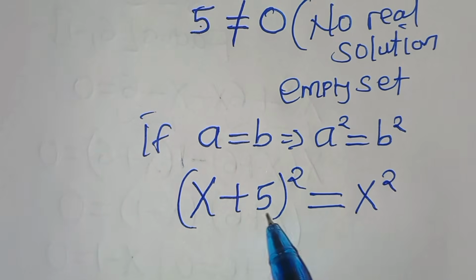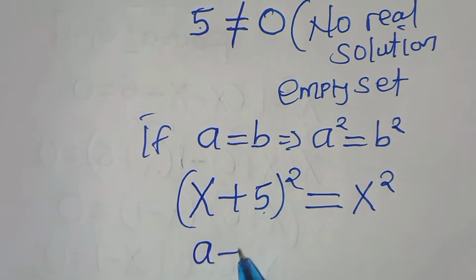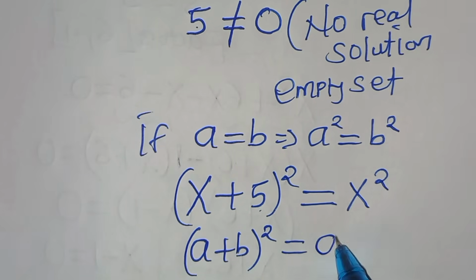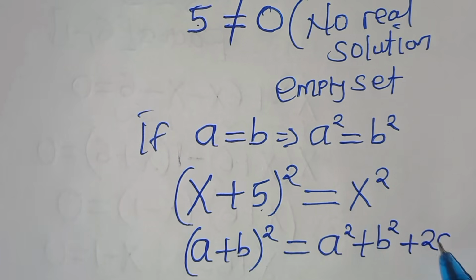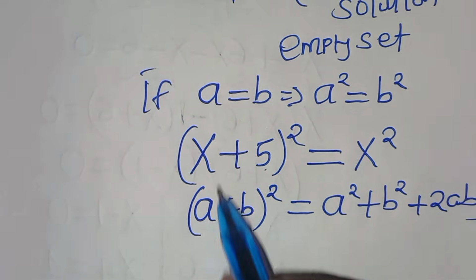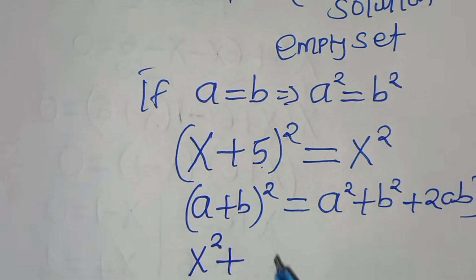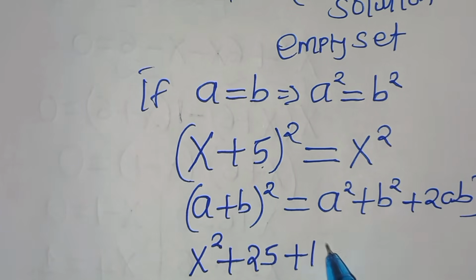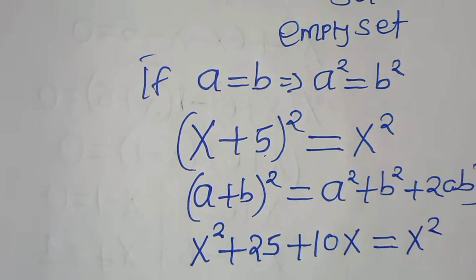Now x plus 5 to the power of 2 is in the form of a plus b raised to the power of 2, which can be expressed as a to the power of 2 plus b to the power of 2 plus 2ab. Applying this algebraic identity, here we have x to the power of 2 plus 25 plus 10x, equal to x to the power of 2.